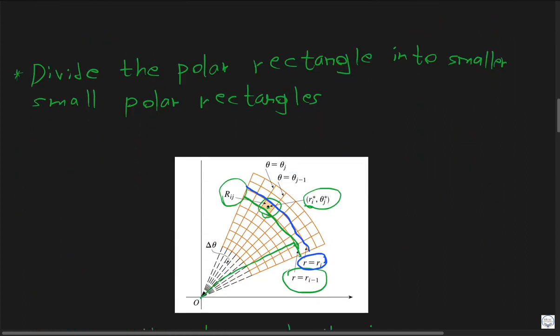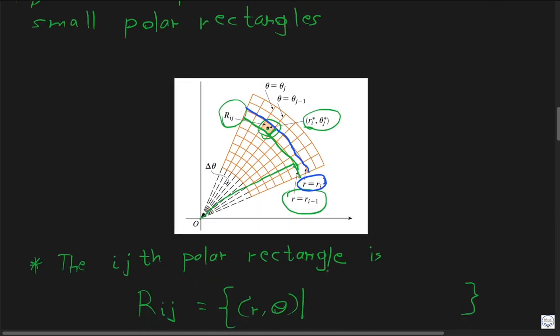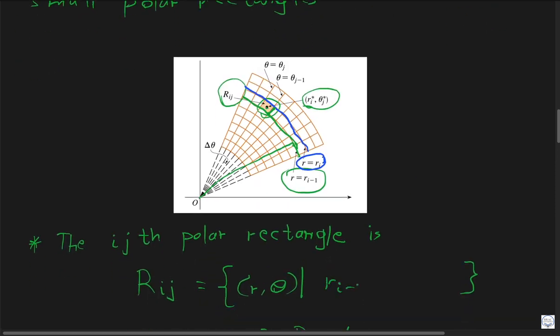So here we can see that r values vary from ri minus 1, which must be smaller than or equal to r, which must be smaller than or equal to ri. So it cannot exceed this blue line, which means the r value must be smaller than or equal to ri. And the theta values, since it's within this part, must also not go beyond these two bounds. So let's write that down.